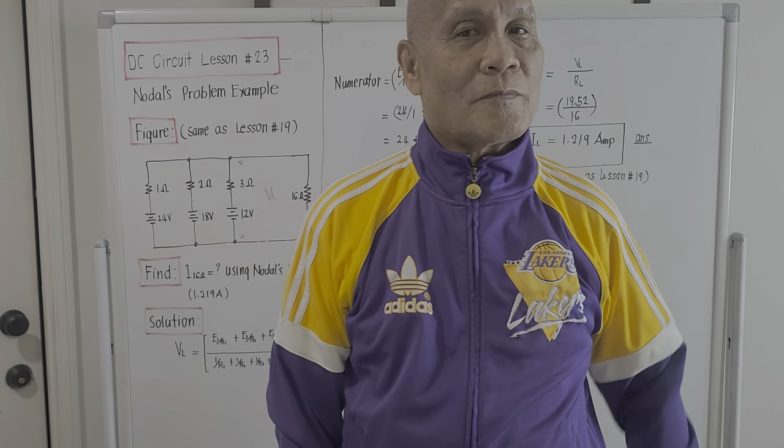Because according to lesson number 19, I think lesson number 19 is superposition theorem, and that solution is actually being presented, and actually I now know the answer to lesson number 19. The current passing through the load RL is 1.219 amperes.